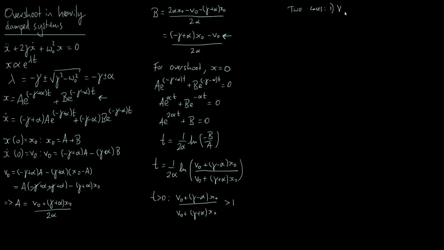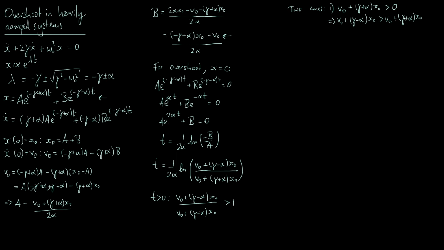So if v0 plus gamma plus alpha x0 is bigger than 0, we can just multiply up both sides of the inequality by that factor. So we then get v0 plus gamma minus alpha x0 has to be bigger than v0 plus gamma plus alpha x0.